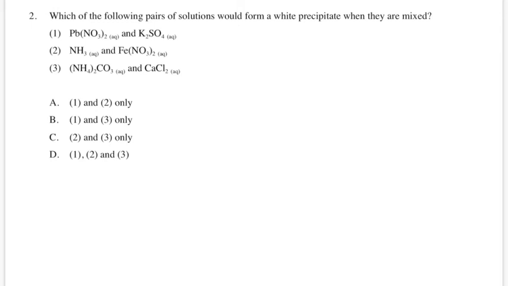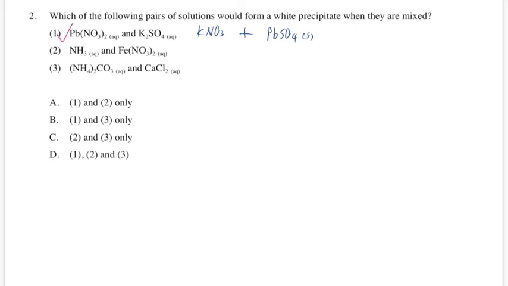If they react, the products would be potassium nitrate and lead 2 sulfate. Potassium, group 1 salts and nitrate salts are all soluble, but lead 2 sulfate is insoluble. So the first one would form a precipitate.